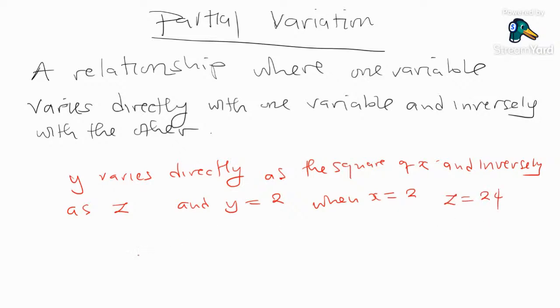The first question is find the constant of variation k. So we are finding k.